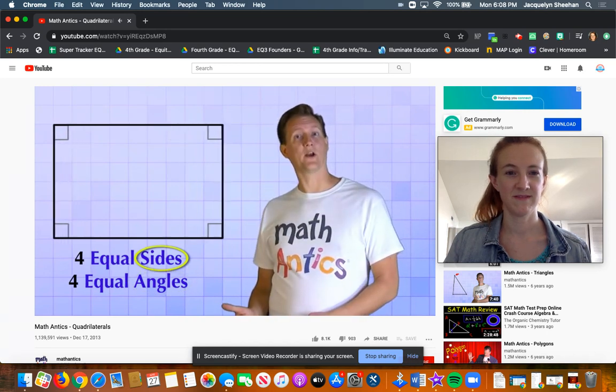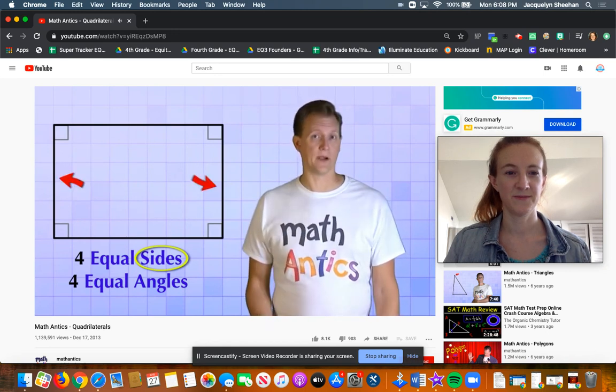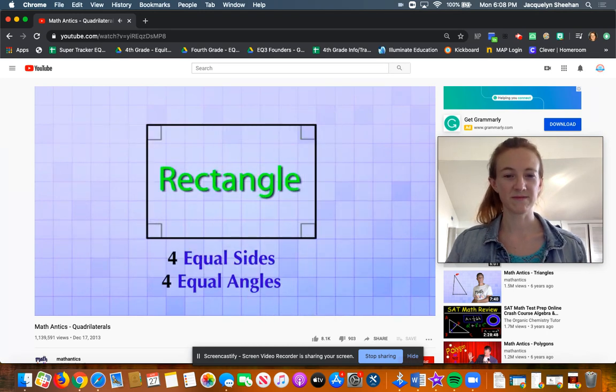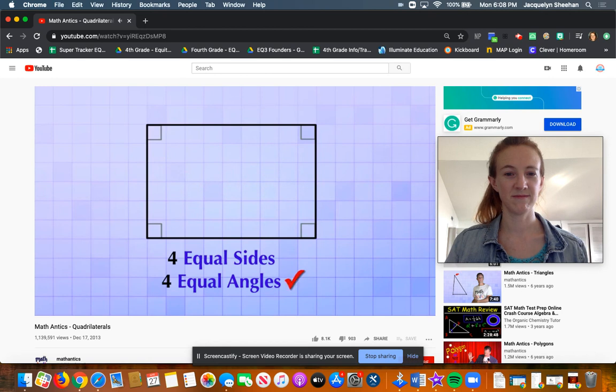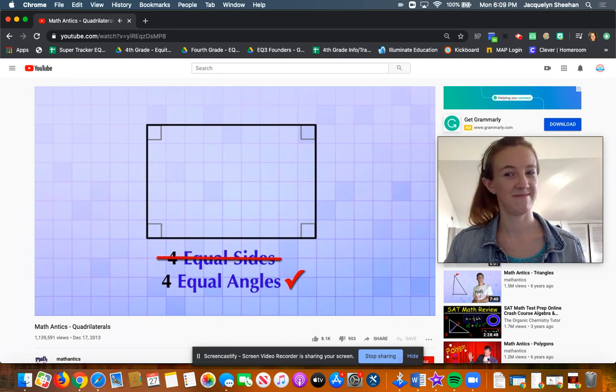Let's stretch our square in one direction so that one pair of sides is now longer than the other pair. This is what we call a rectangle. A rectangle is a quadrilateral that still has 4 equal angles. Notice that when we stretch the square, the angles didn't change at all, but it does not have 4 equal sides. Again, notice that just like a square, a rectangle is made from 2 pairs of parallel sides.